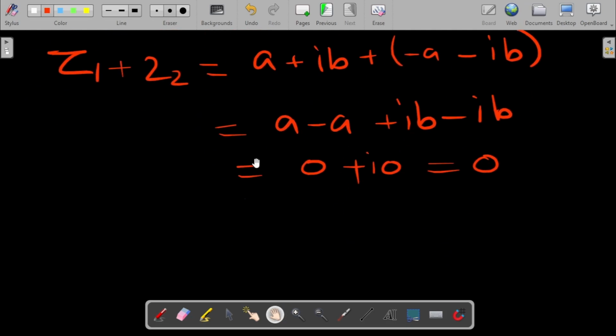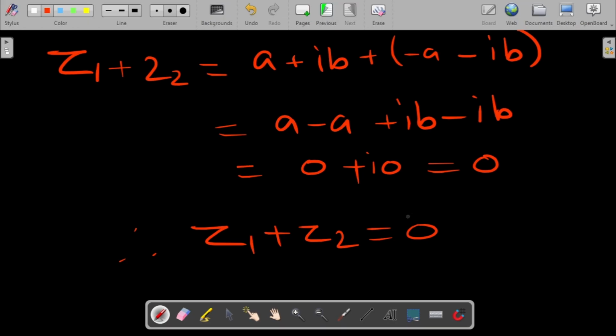So z1 plus z2 gives 0. So for any complex number a plus ib, we get a complex number minus a plus i times minus b. So there exists an additive inverse.